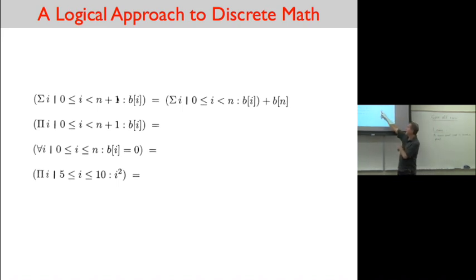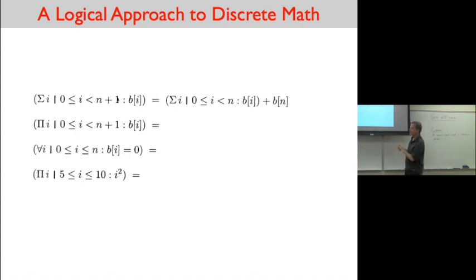Notice that this term was included here, but now we split it off, so now this is less than n instead of less than n plus 1. Because on the left-hand side, the last one was I was n. So b sub n was the last thing being added. So here we split it off, okay?